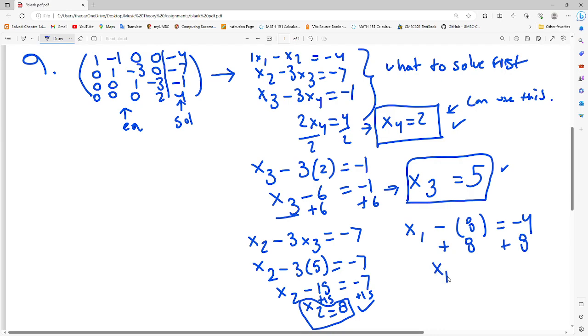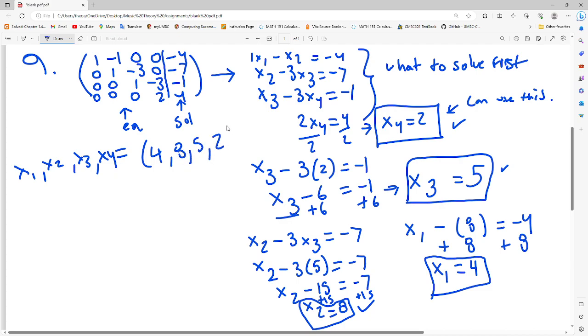So we get x1 equals 4. Therefore, our solution set to this problem, x1, x2, x3, x4, is equal to 4, 8, 5, 2, respectively.